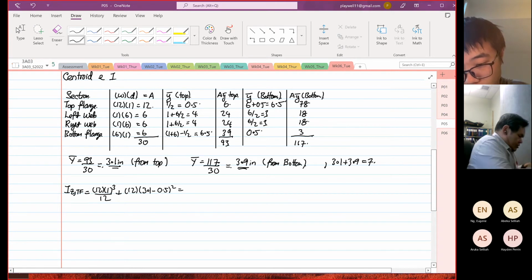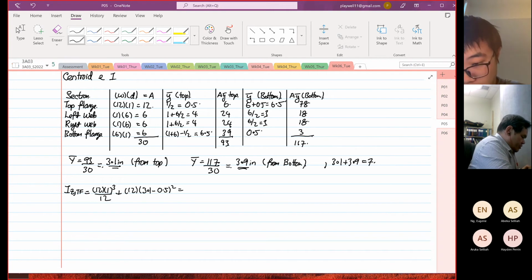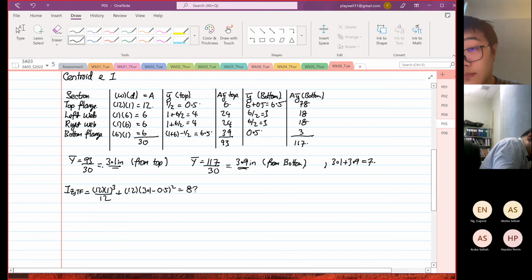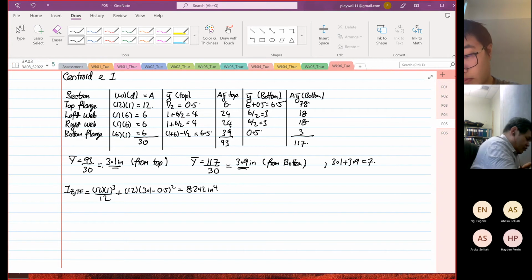So 12 times 1 cubed divided by 12 plus 12 times 3.1 minus 0.5 squared is equal to 82.12 inches to the power 4.